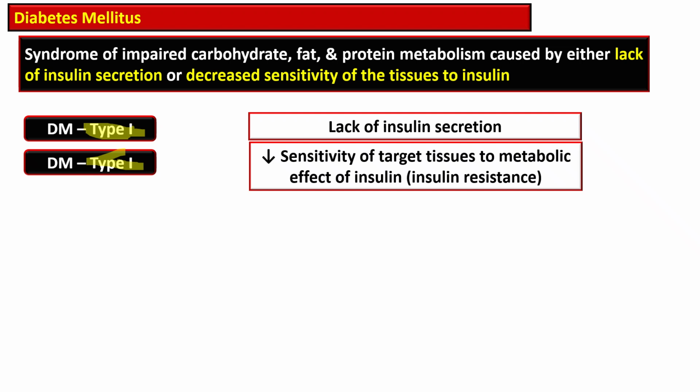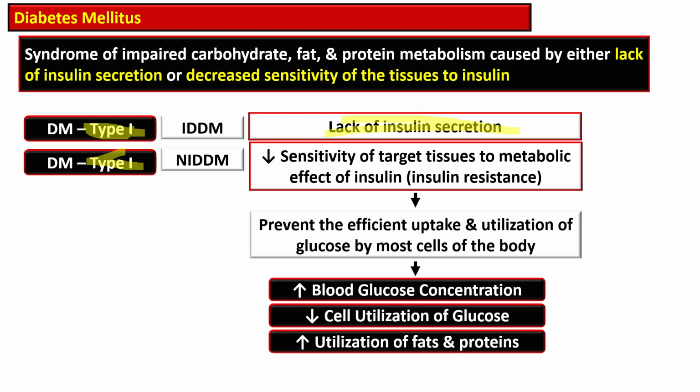So the type 1 is due to lack of insulin secretion, and this type 2 is due to decreased sensitivity of the target tissue to the metabolic effect of insulin, that is also termed insulin resistance.